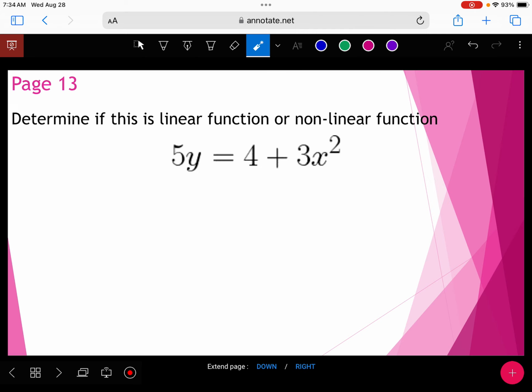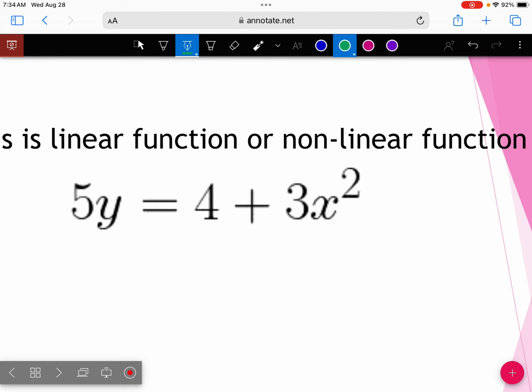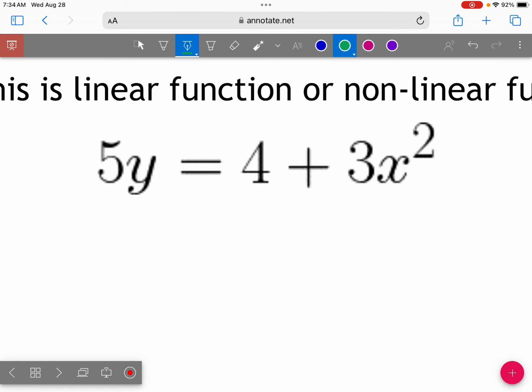Okay, let's look at another one. We want to know if this is linear or nonlinear. We've got 5y equals 4 plus 3x squared. What do we think? We've got to get that 5 away. If we want to get the 5 away, we can. How would we do that?